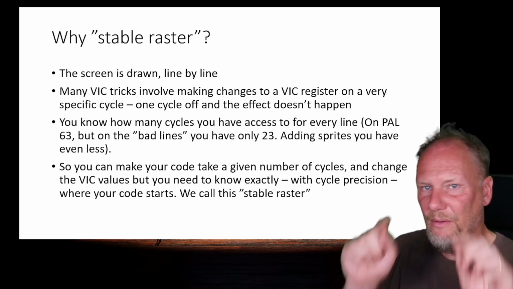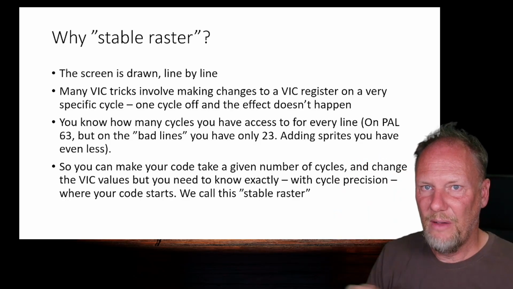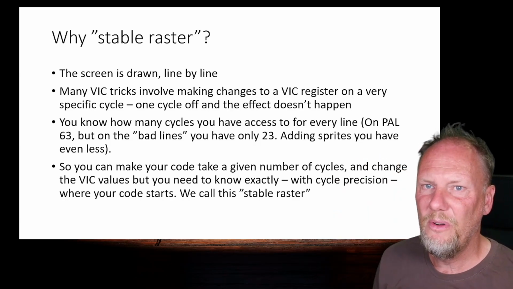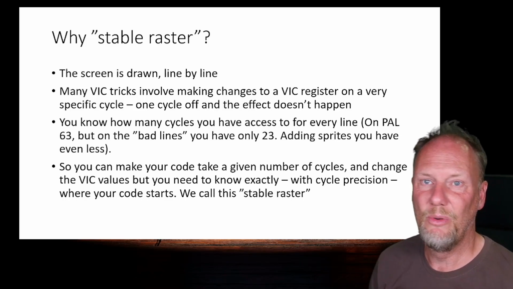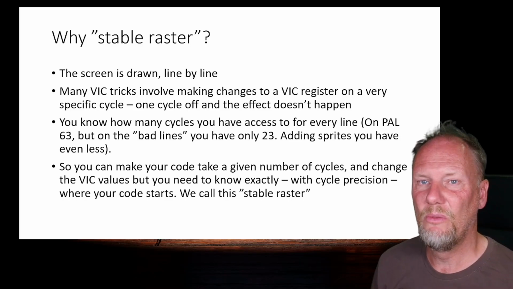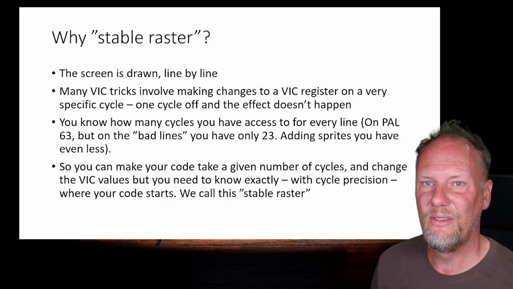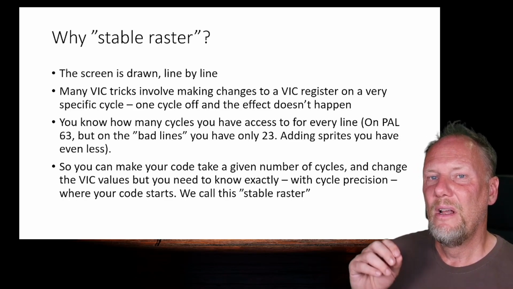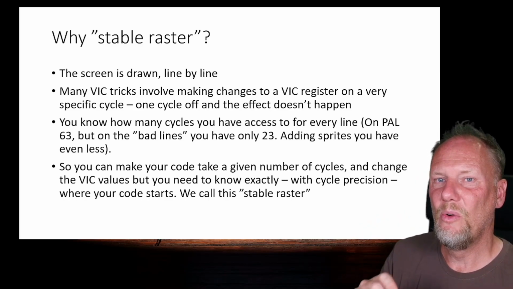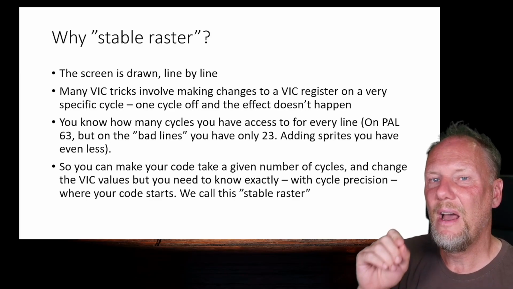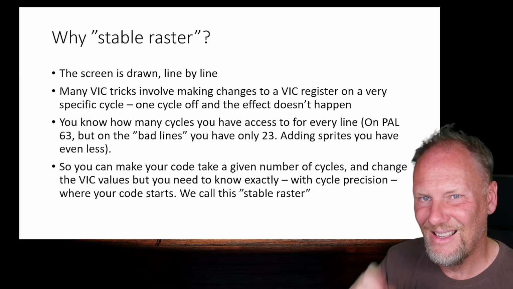And you have the border there, and then you have the visible screen, and a number of the VIC registers that are applied to any program on the C64 where you want to utilize the more sophisticated VIC features. Most of the time you need to poke a value in the VIC at a very specific cycle.